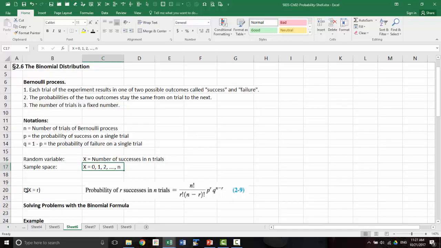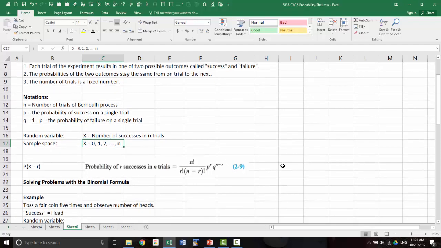The probability that x is equal to r, whatever r may be, is n factorial divided by r factorial times n minus r factorial, which is our combination formula, times p to the power r, the number of successes that we want, times q to the power of n minus r. When you add up the powers, it should be equal to n. So that's our formula.